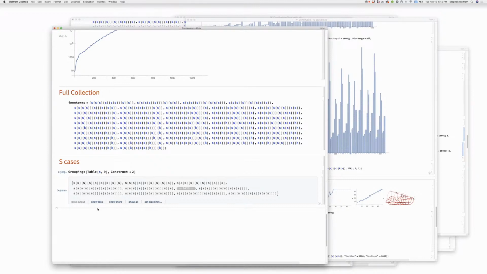And now if I say combinator fixed point list.